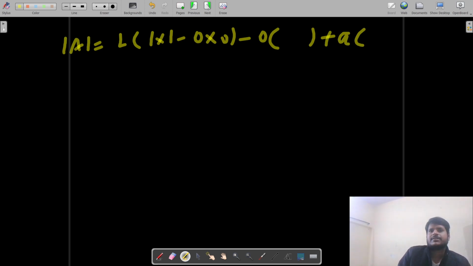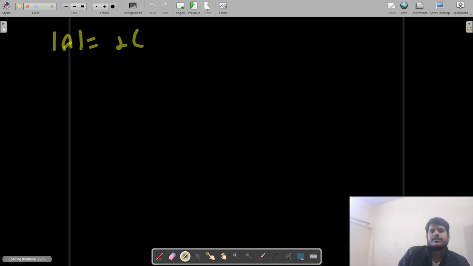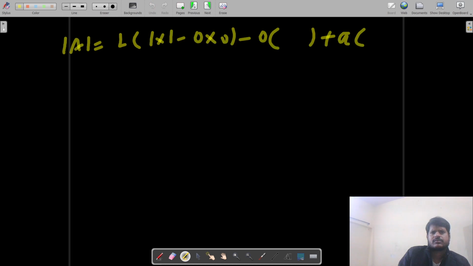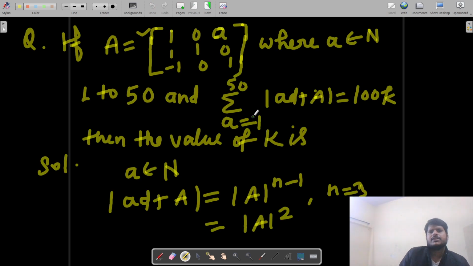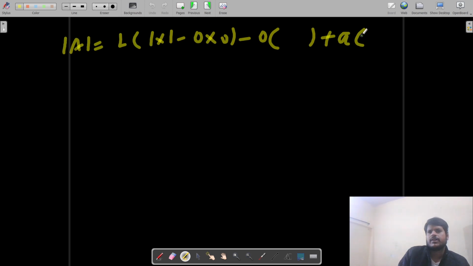So we will hide the third column and first row of the matrix, and then we will multiply here 0 into 1 minus 1 into minus 1, right? This is what we have.